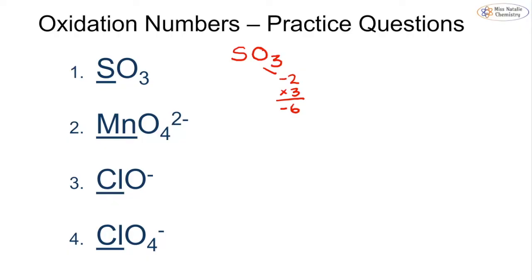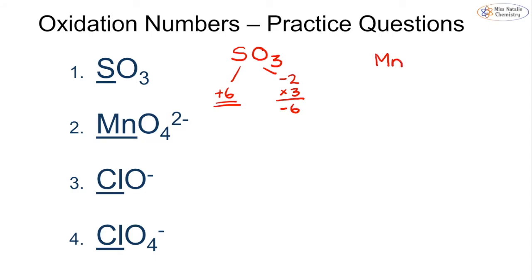Notice that the charge on all of the oxygens is -6. That does not mean that the oxidation number of oxygen is -6. The oxidation number of oxygen is always -2. If I have -6 of my oxygen, I then need to balance that out to be 0, so my sulfur must be +6.